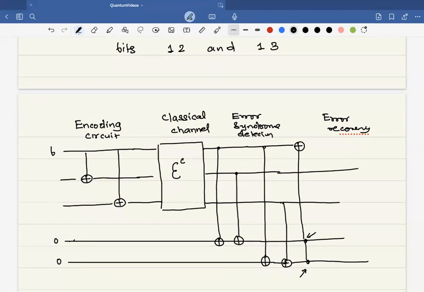So we'll do the parity check over here, a recovery over here. So this will be on the second bit, and finally on the third bit.